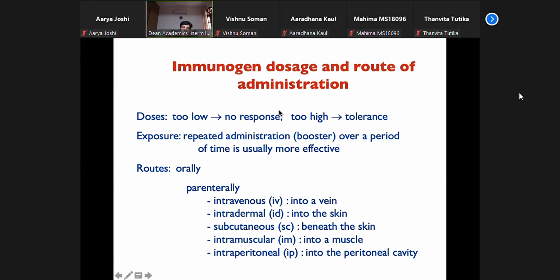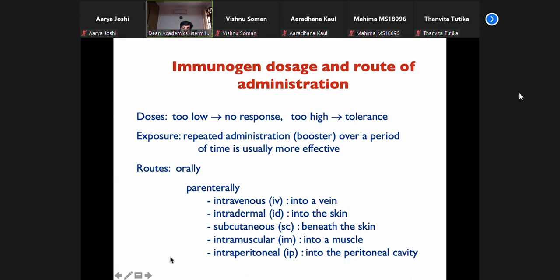Routes. You don't normally induce an immune response when something is given orally. This is because of the oral tolerance phenomenon. There are different types of cells present in your gut which are tolerogenic in origin. How the antigen is presented to your B cells and T cells is different in the gut as compared to when it is injected intravenously, intraperitoneally, subcutaneously or intramuscularly.